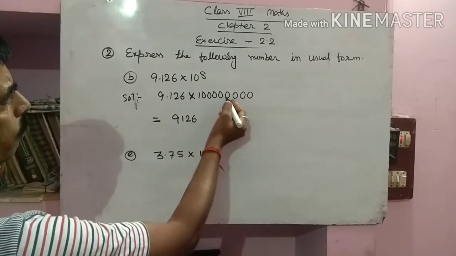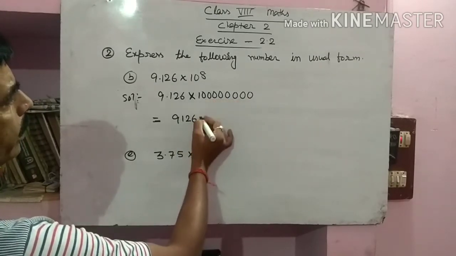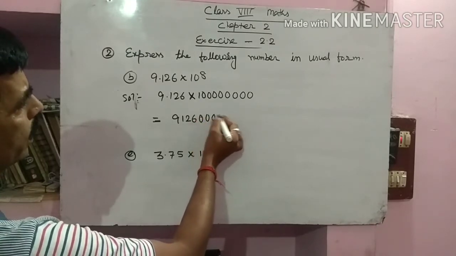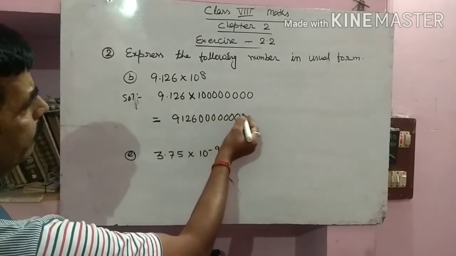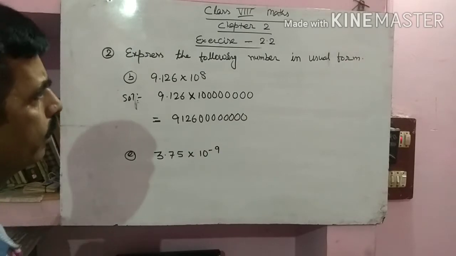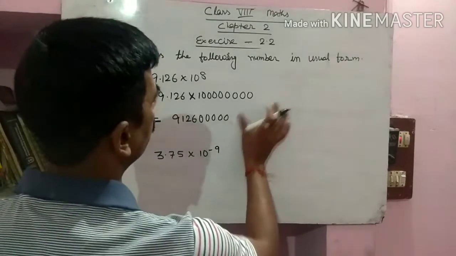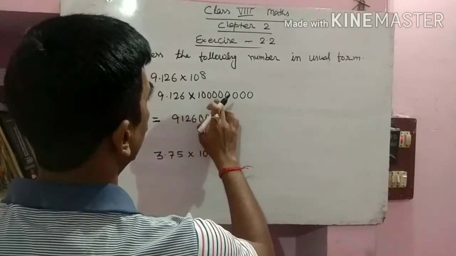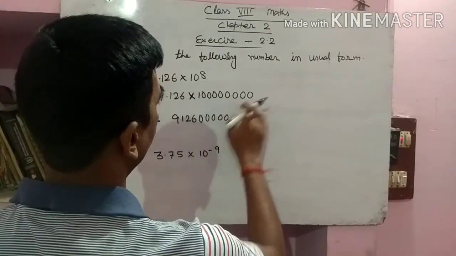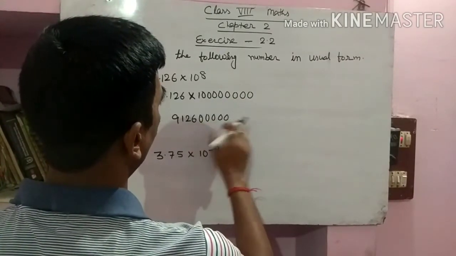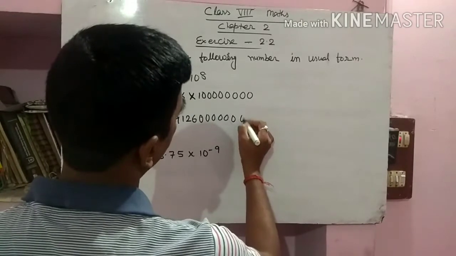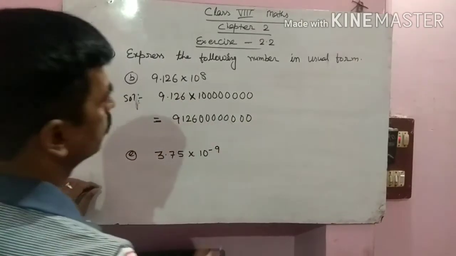Put the 8 zeros. 1, 2, 3, 4, 5, 6, 7, 8. Okay, like this.